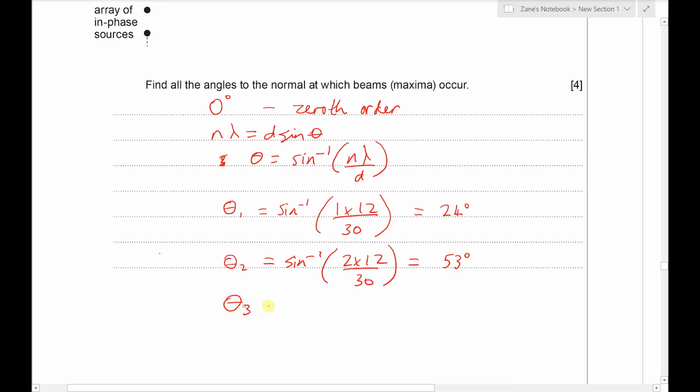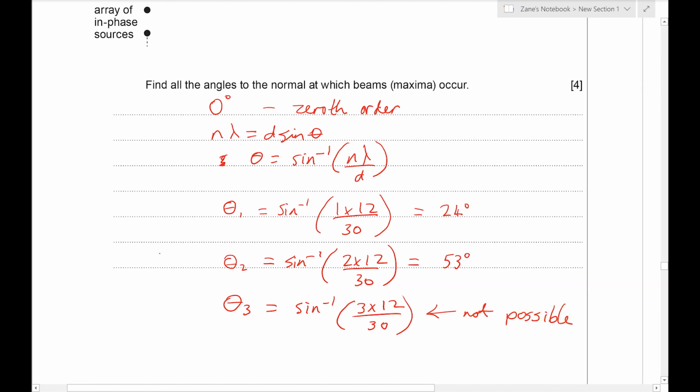For the third order, the workings would be sine minus 1 of 3 times 12 over 30, or 36 over 30. And remember that sine functions have a maximum value of 1, so this answer is not possible.